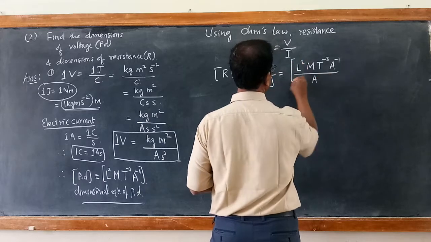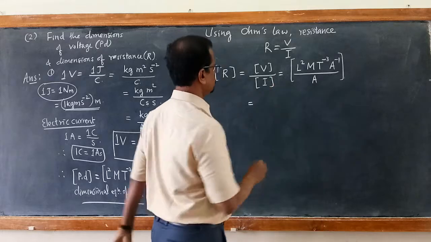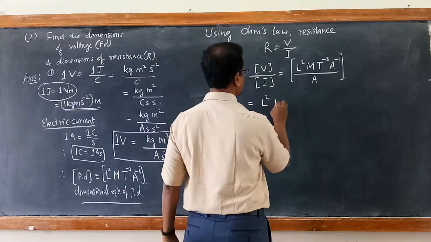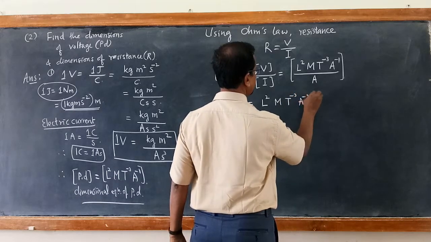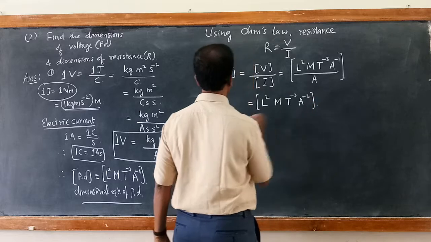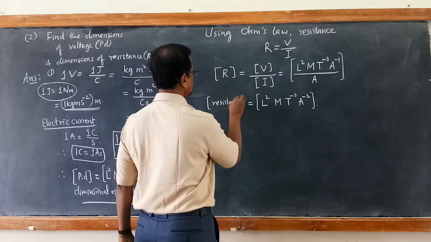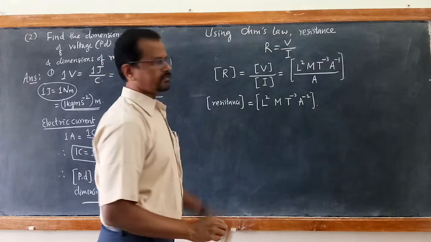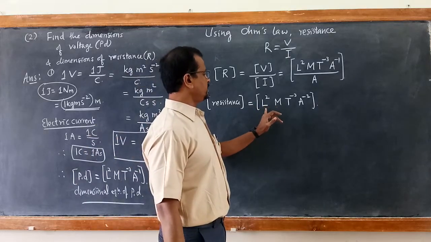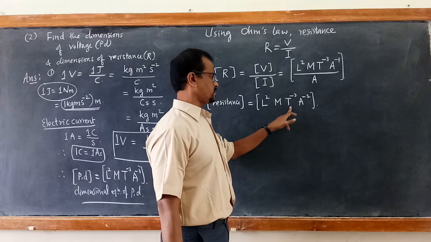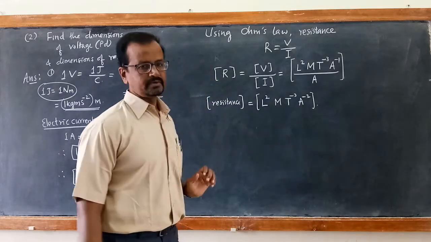Current is ampere. So this we can simplify. So it becomes L to the power 2, m to the power 1, t to the power minus 3, a to the power minus 2. So this becomes the dimensions of resistance. So we know SI unit of resistance is ohm. So 1 ohm is expressed in terms of meter square, kg, per second cube, per ampere square. This is the dimension of resistance.